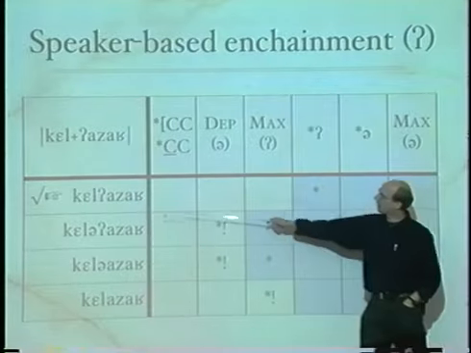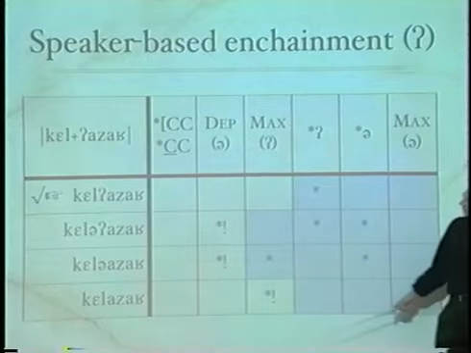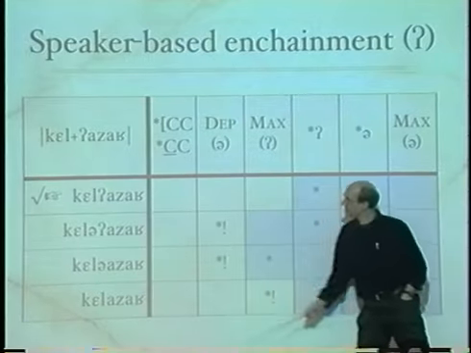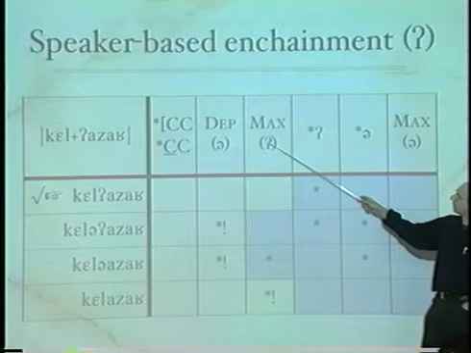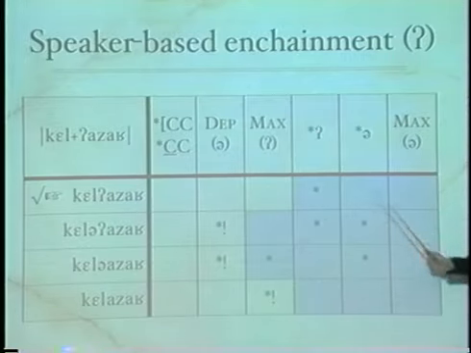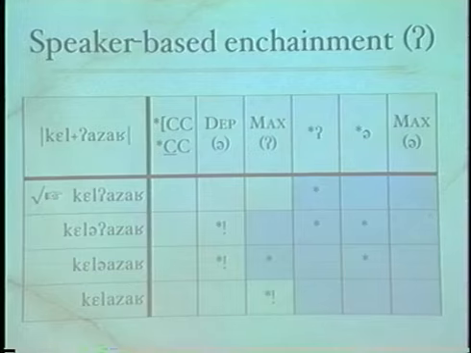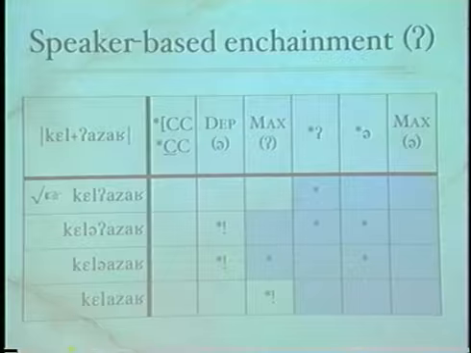Now you have to choose between quel hasard and quel hasard. In quel hasard, so the enchaining case, you would violate the faithfulness constraint for underlying glottal stop to surface. Okay, so the first one wins. Which means that this ranking of 7 constraints handles the quel hasard case correctly.